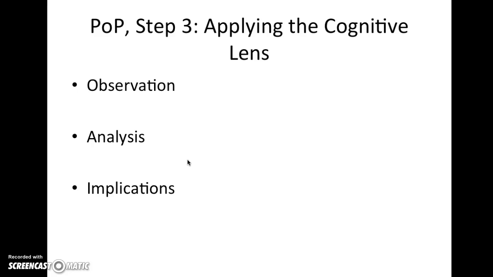How do these ideas about memory and processing and the ways in which the brain works apply to this situation? And then the implications: I'm really interested in knowing what new understanding or applications you have as a result of the observation and the analysis. In other words, now that you know these things and you observe these things, what does that mean for your thinking around coming up with solutions for your problem of practice as well?